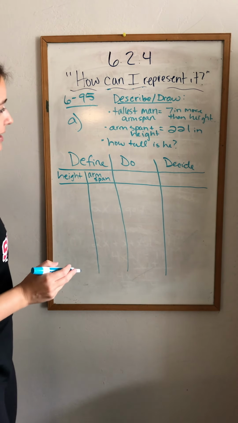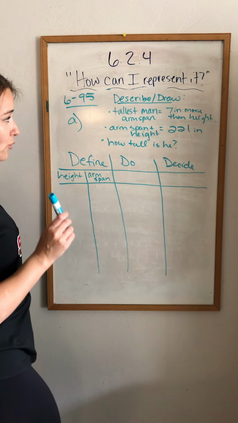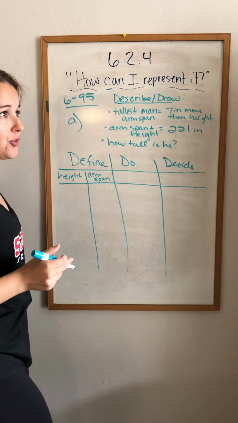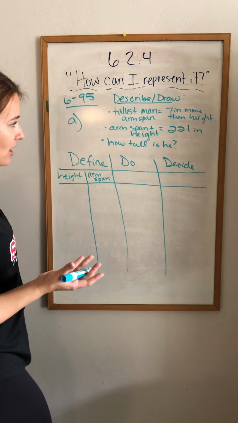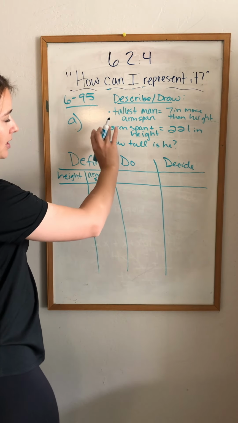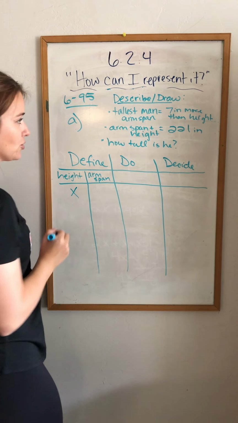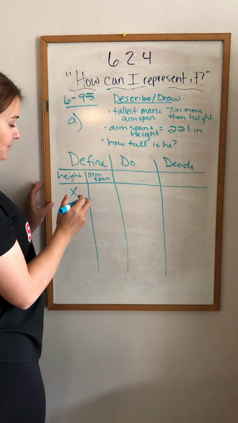I'm noticing that we don't know anything about his height. We just know that his arm span is 7 inches more than the height. So if there's anything in the problem that you really don't know much about, and everything's kind of revolving around that one, we're going to use his height as x, because we really don't know anything else about his height.